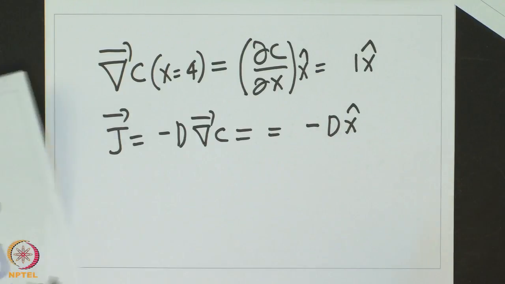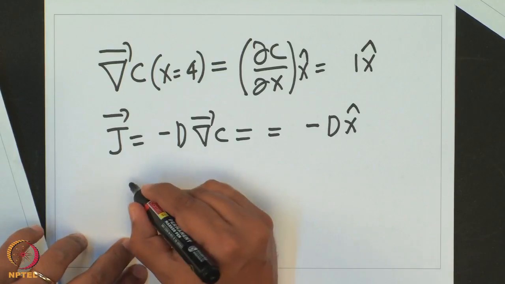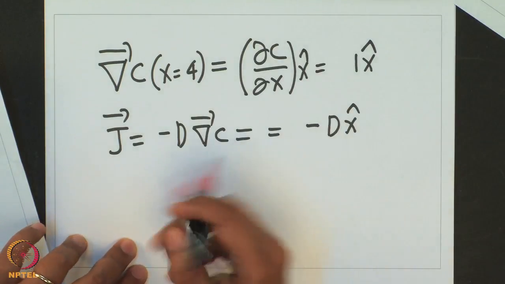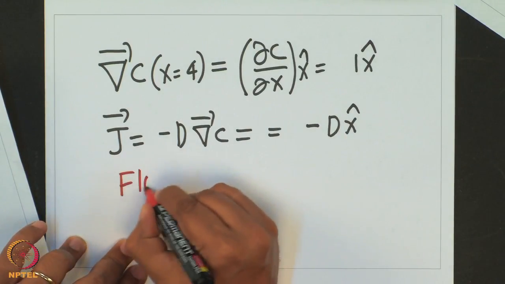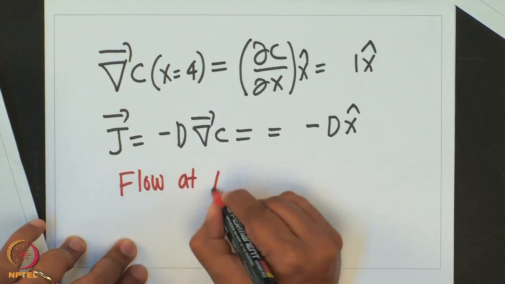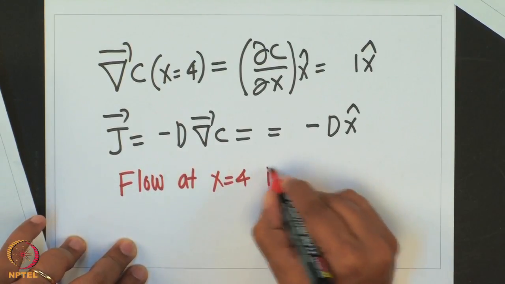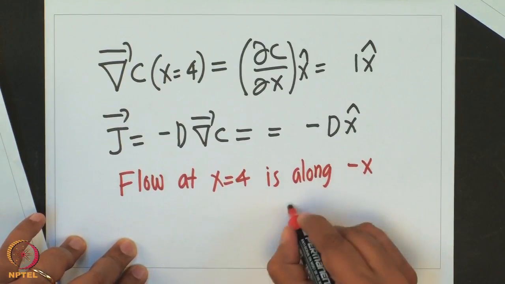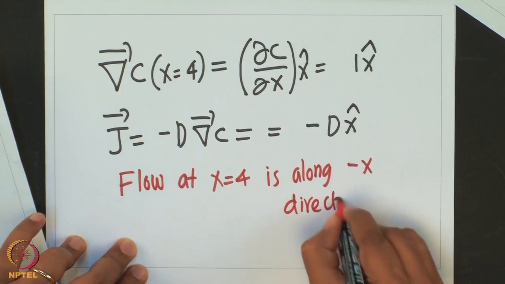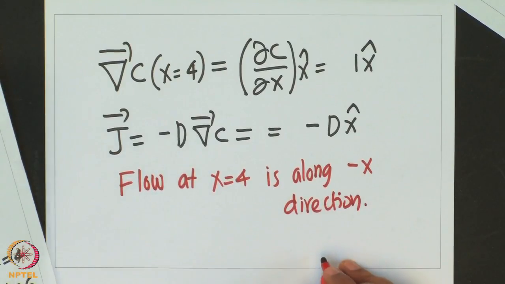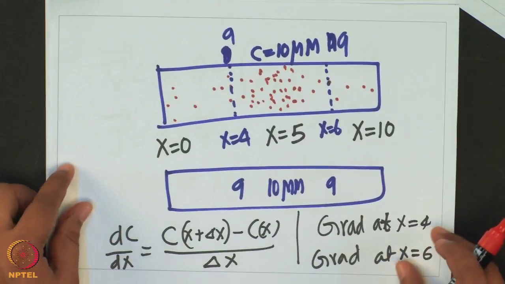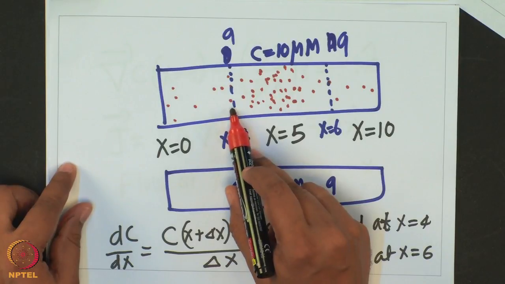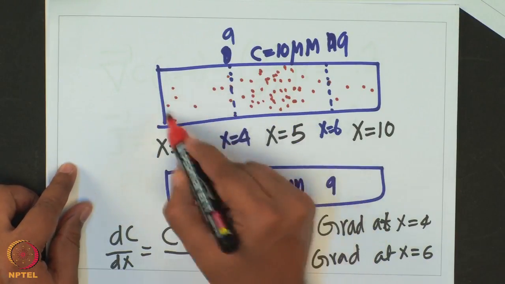This would say that diffusive flow at x equal to 4 is along the minus x direction, which is very much true. At x equal to 4, where the concentration is, the flow will be along this minus x direction.